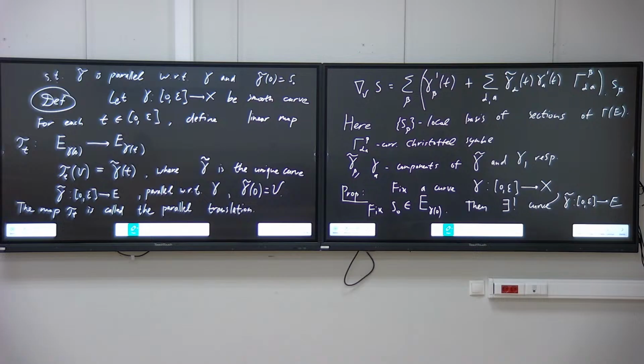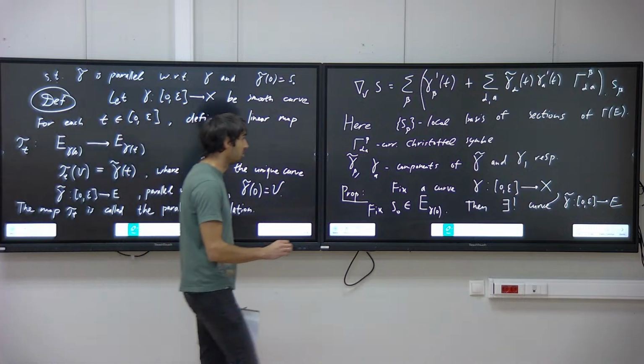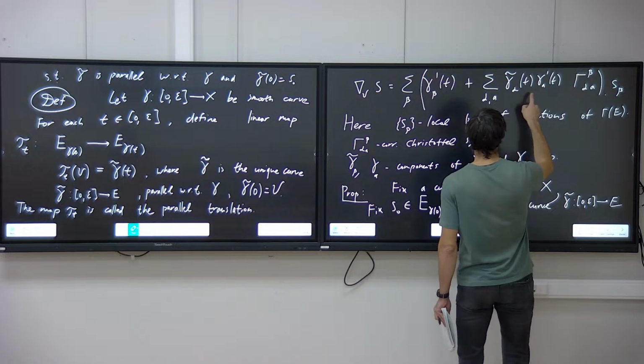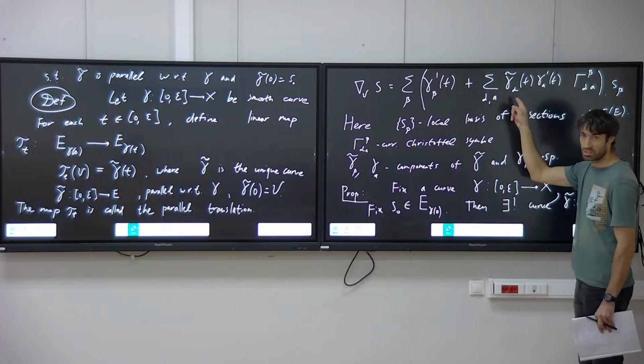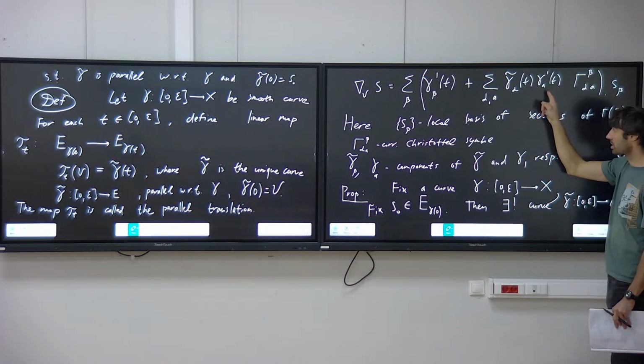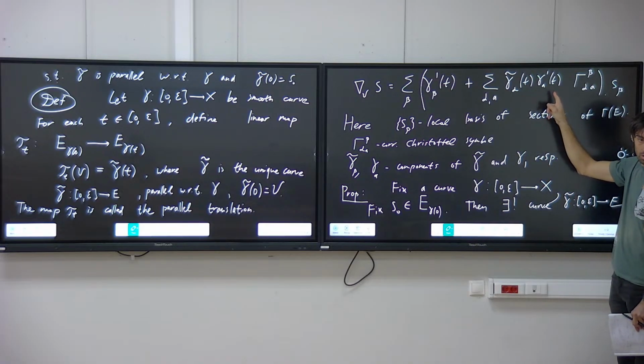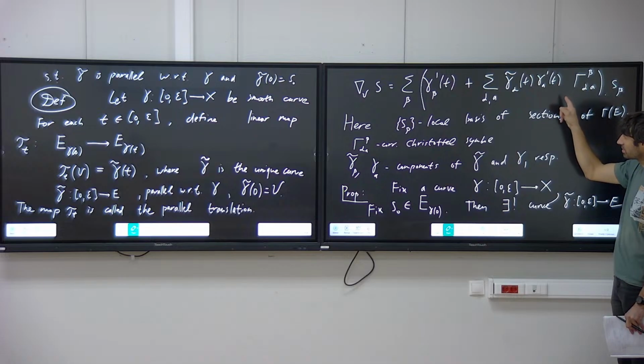So one thing to notice is that this is a linear differential equation. It's a differential equation for gamma tilde, right? And gamma prime is just a known function, right? So it's a linear differential equation.